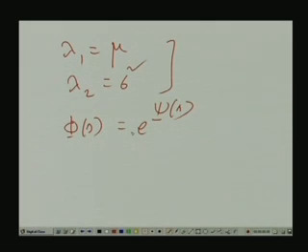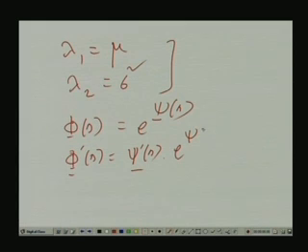If you differentiate it with respect to s once, you get this thing first, multiplied by the derivative of psi bar s.